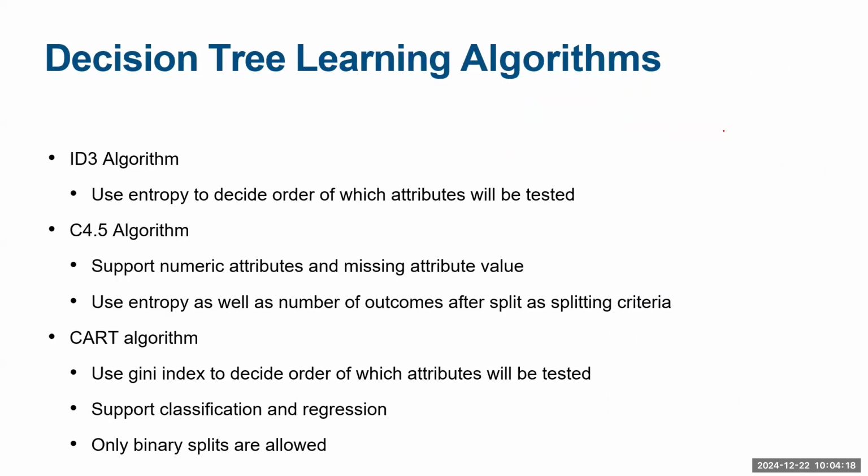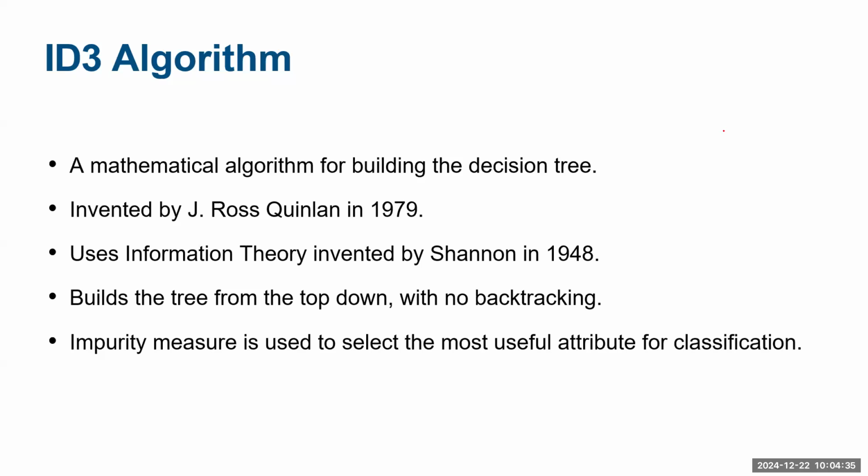We will learn about these 3 algorithms that give different ways of scoring: ID3 scoring system, C4.5 scoring system, and CART scoring system. So let's look at ID3. ID3 is like the first version of the scoring system. It came out maybe a few years after Hunt's algorithm.